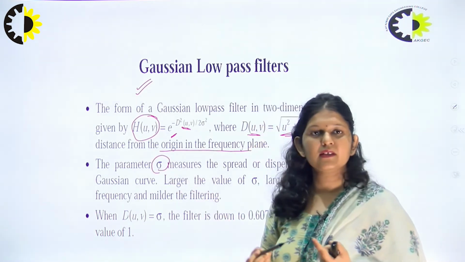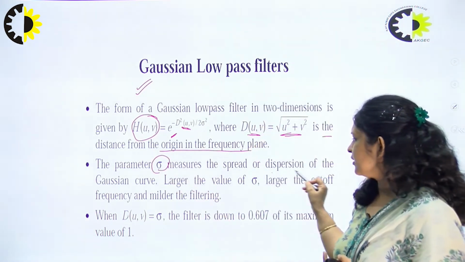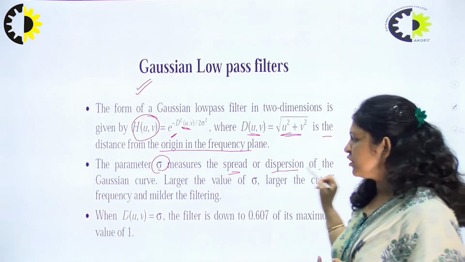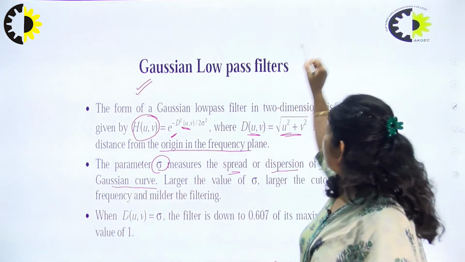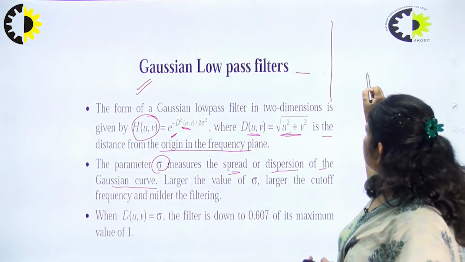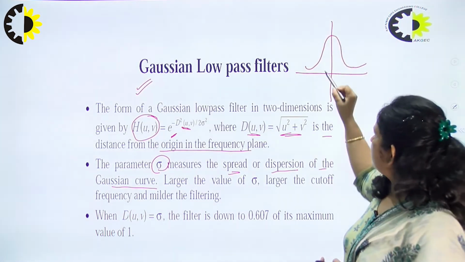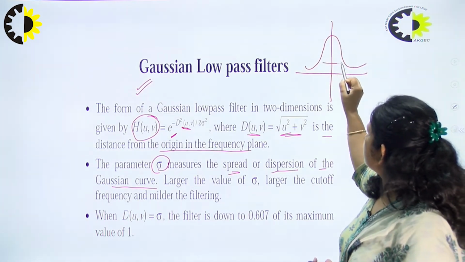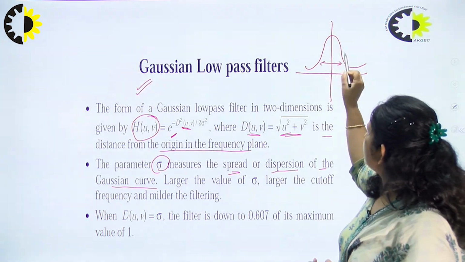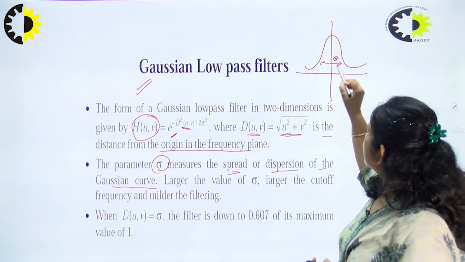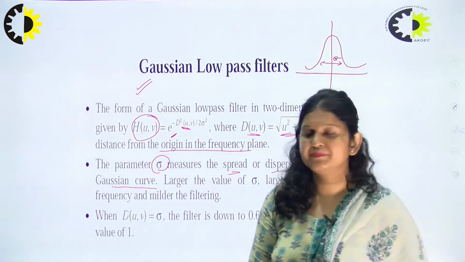Sigma is nothing but the dispersal or the spread of the Gaussian curve. We know the Gaussian curve, na? This bell shaped curve is the Gaussian curve. Now this spread, how much this particular curve is being spread, this represents the sigma.